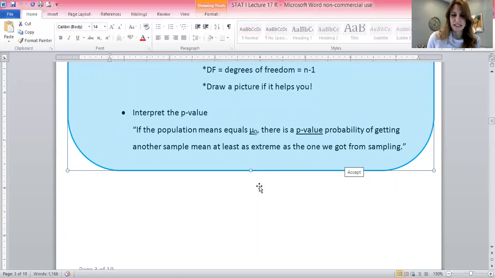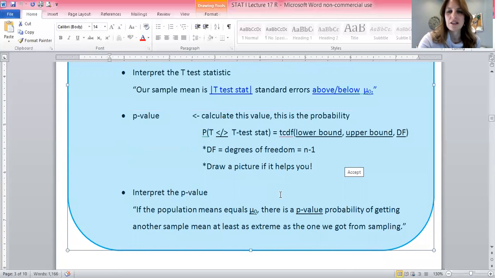The probability is telling me the chance of getting another sample, like a second, third, or fourth sample, that is that far away from the center as my original sample. Okay, so that's what that's telling me. We're going to do the second and fourth steps, the interpretations, on both numerical and categorical, and they're basically the same. It's just my calculations that differ for the first and third parts.